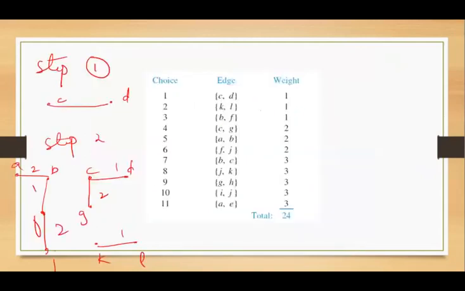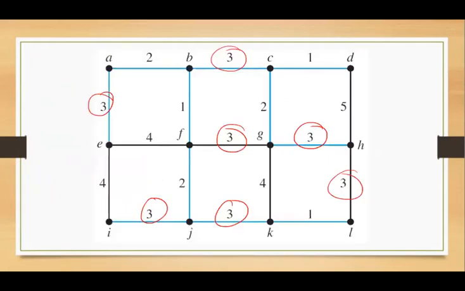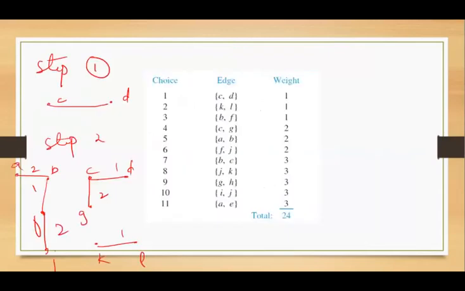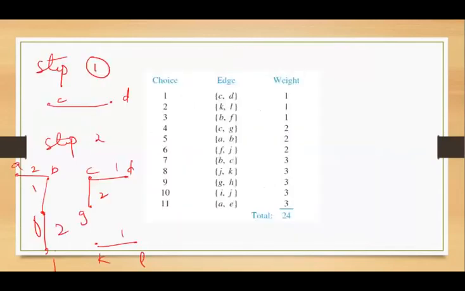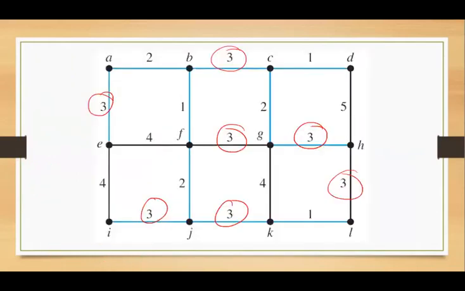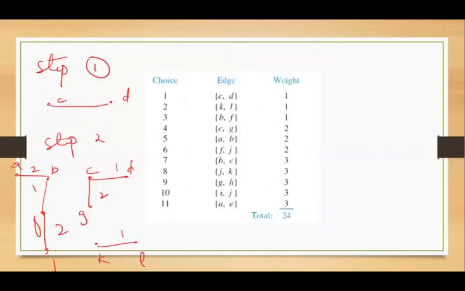I am able to take BC, JK, GH, IJ, AE, 5 of them. Which one am I unable to take? BC is there, JK we have, IJ, A. But I'm not taking HL.